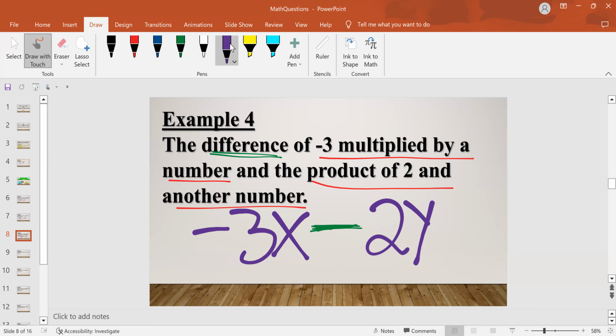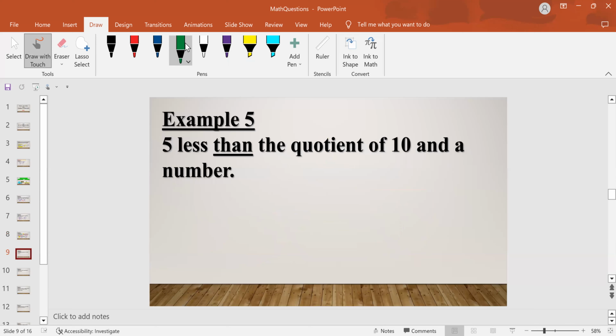So -3x minus 2y. Please, this negative here is not the difference. No, this negative is for this number. So they can replace -3 by 5 or 7 or whatever to say the difference of 5 multiplied by a number. So -3 is a number, but the difference here is what I put in green. So this negative sign. Example 5.